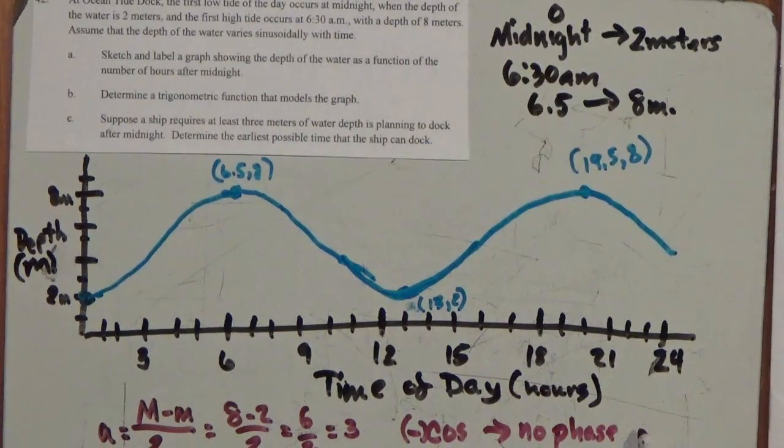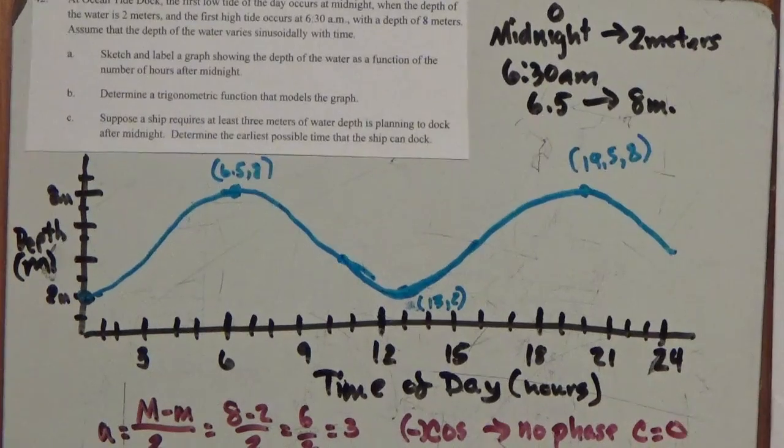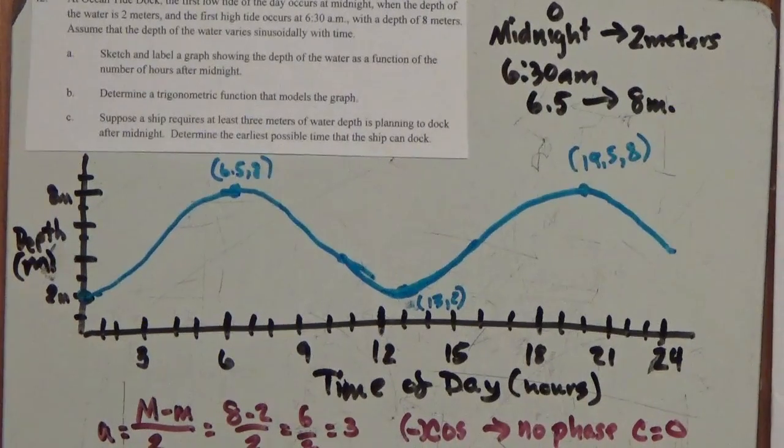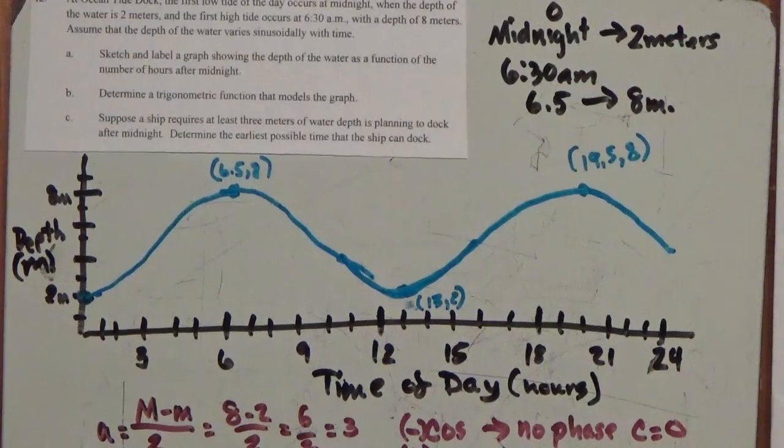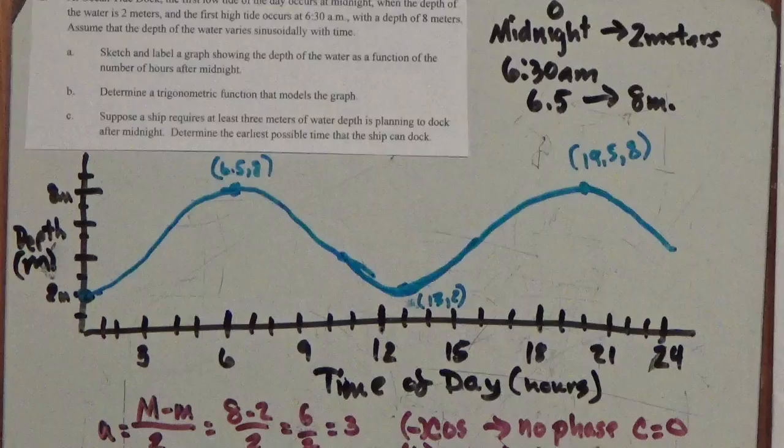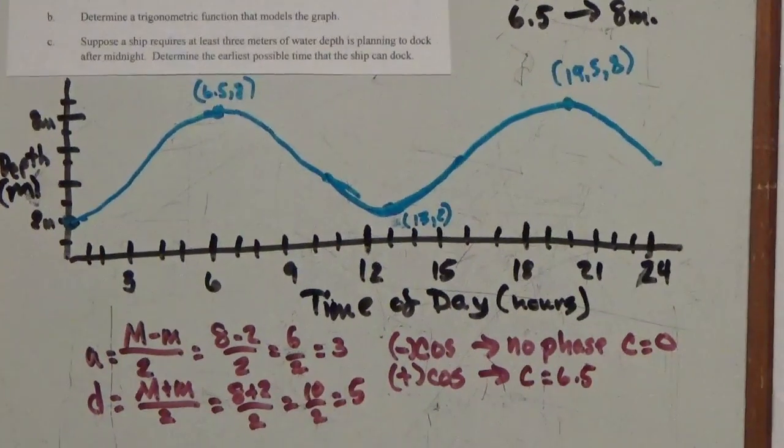So that means C is equal to 0 if we use negative cosine. Now, if we happen to use a positive cosine for our equation, which we're not going to do, then we would go over to the top and take that x value, which is 6.5, so C would be 6.5. Remember, we're going to do the one with the negative cosine.